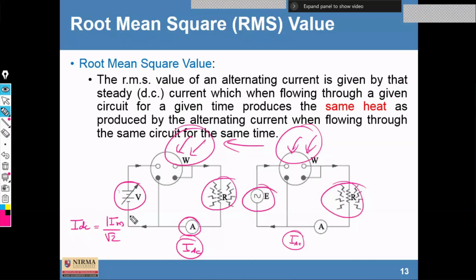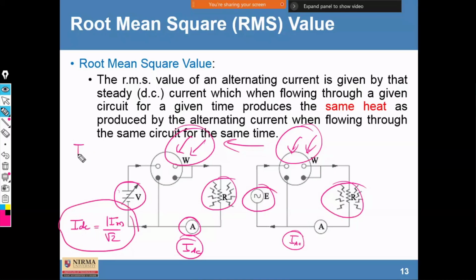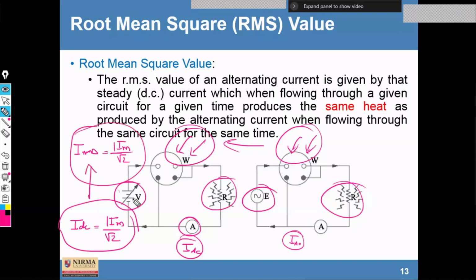Fine. So this value that he got, IDC, is now recognized as the RMS value, IRMS, but the DC value you got is the maximum value divided by √2 times. So that is the RMS value. So RMS value is maximum value times 1 by √2, that they found. Now this value we can find out with two different methods.